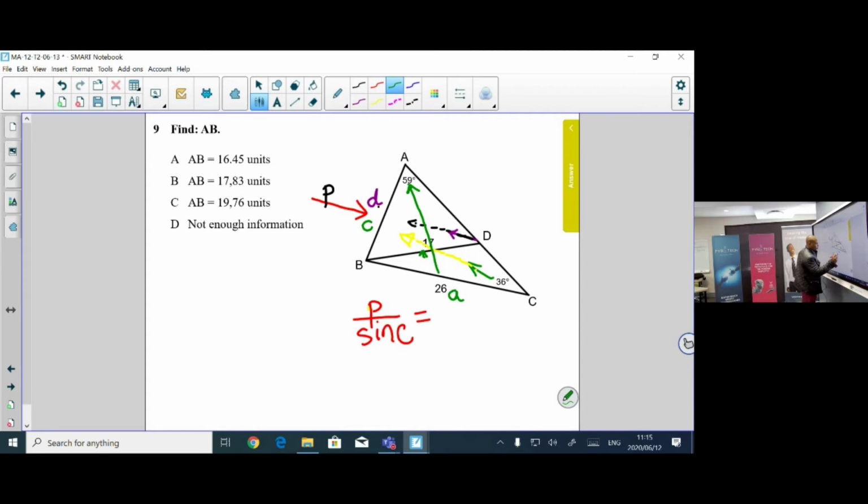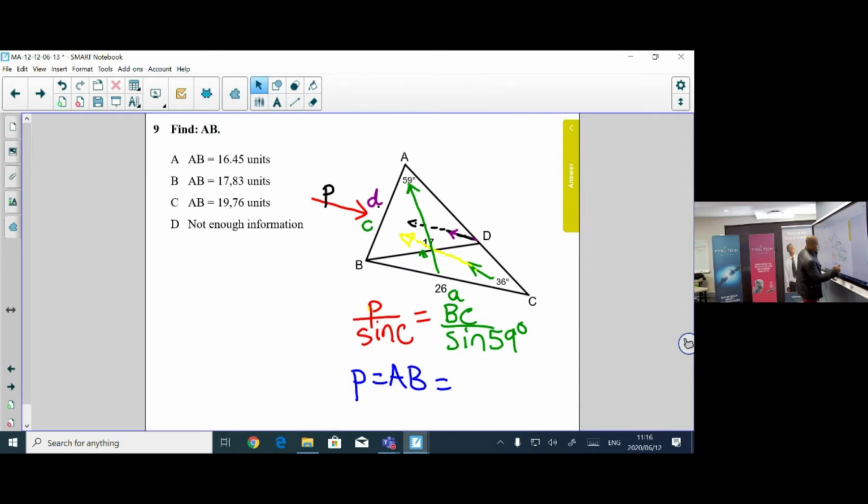So BC, if I may call that, over sine 59 degrees. Okay, which means somewhere along the line, you are going to end up with your P, which you are looking for, which is actually AB, will be given by your BC, which is 26.